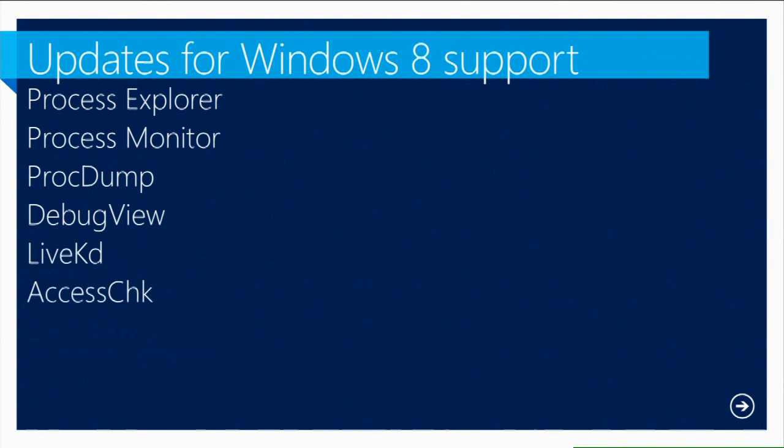A number of tools have been updated with additional support for Windows 8, including the new file control codes and device control codes and the new security pieces like AppContainer and capabilities. There are also some new features that make it better for diagnostic tools.